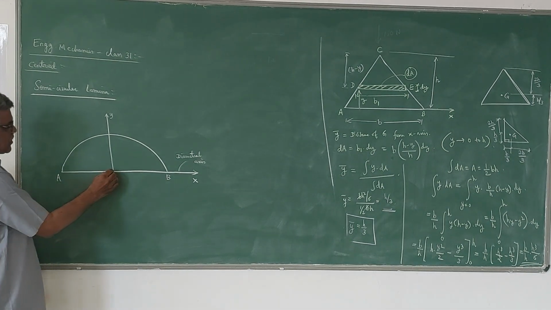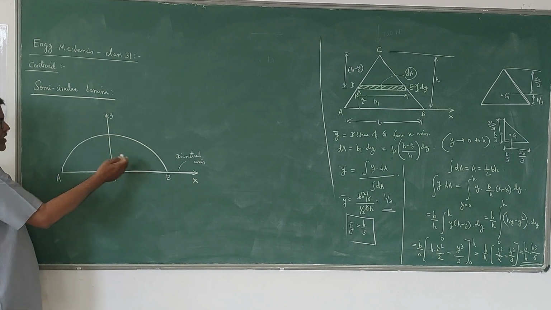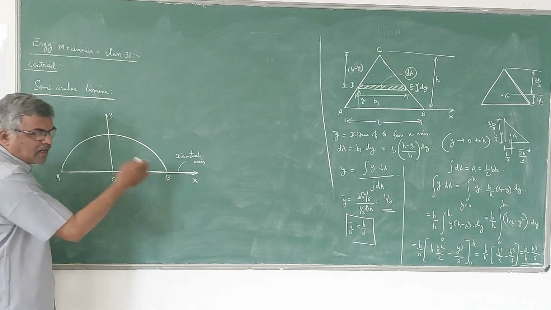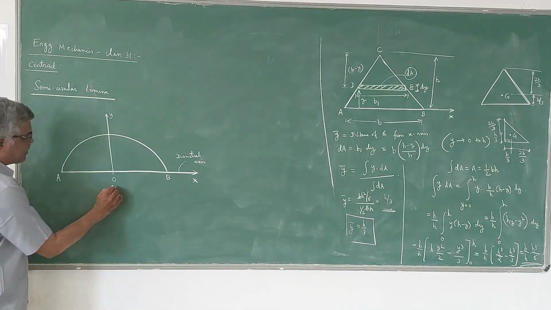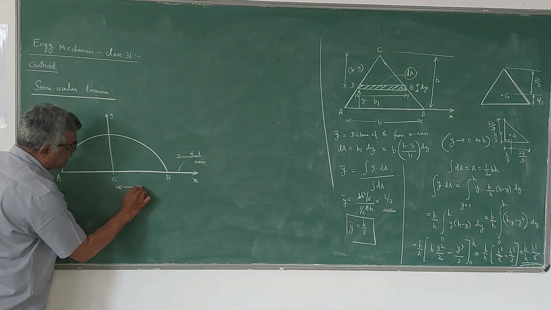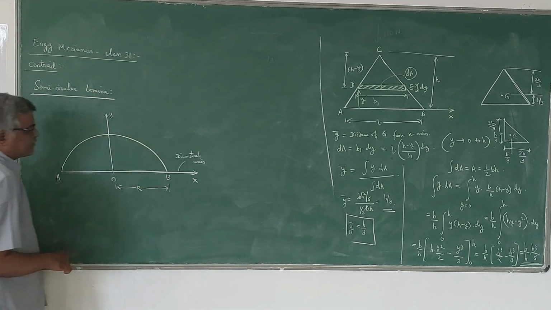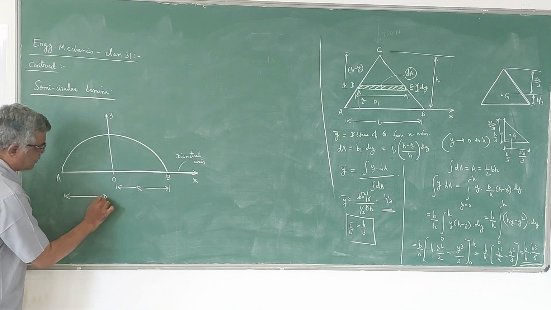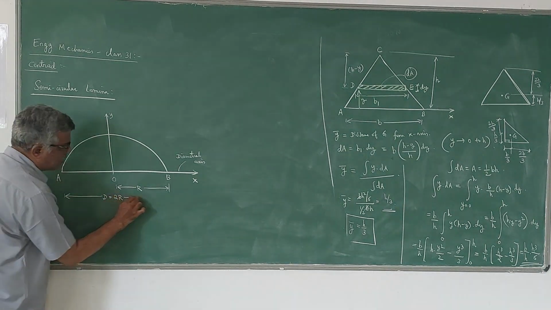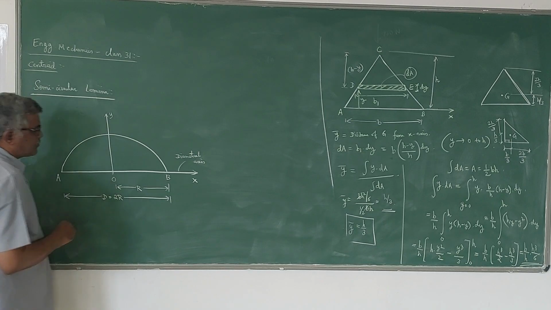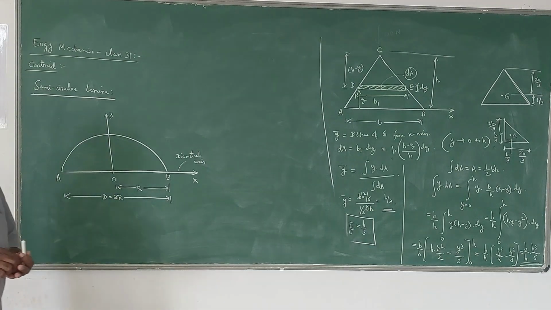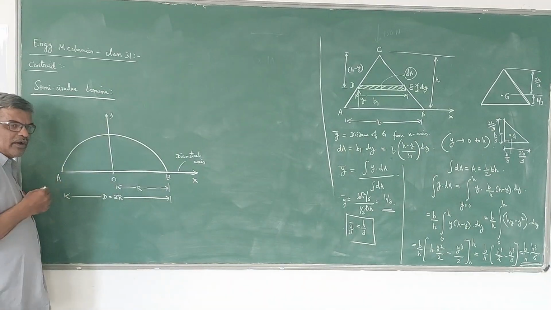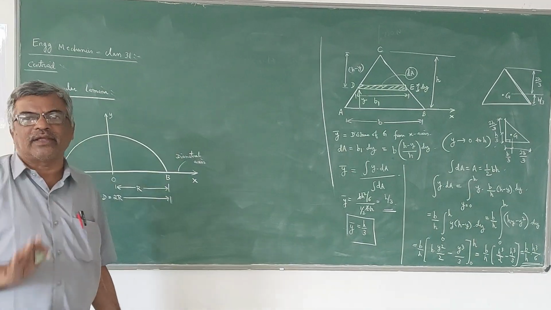So then, what happens? You can observe here, this semicircle is symmetrical about the y-axis. The left half of the y-axis is the same as the right half of the y-axis. Now, let me say the radius as r here. R is the radius, and of course D is the diameter, capital D. So you know that capital D is equal to 2 times capital R. Now in this case, according to the property, the centroid always lies on the axis of symmetry.